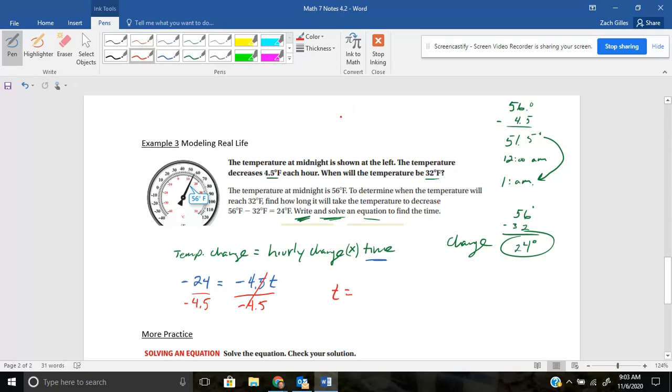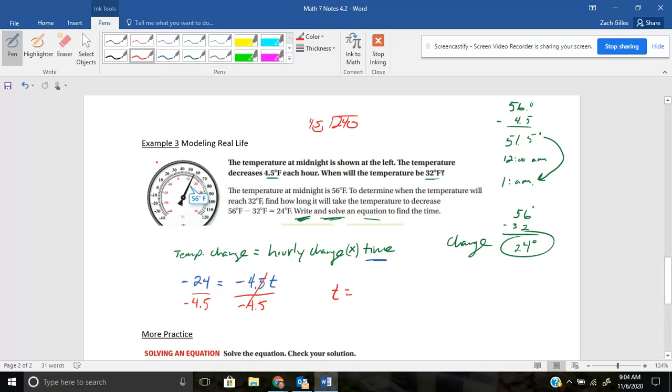You could do it like this, 24 divided by 4.5, and then you need to make this divisor into a whole number and move your decimal one place. You could do it that way.